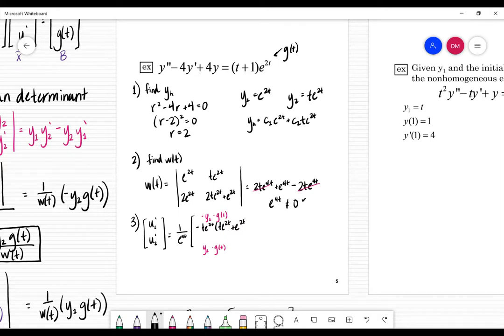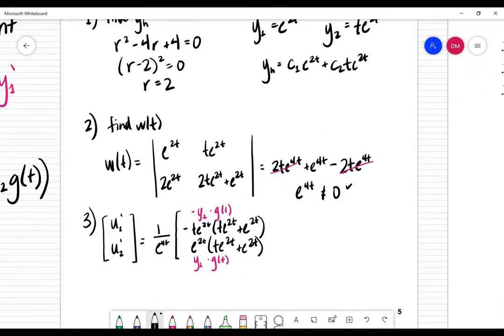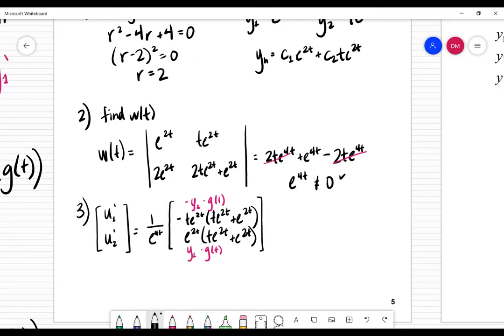I don't want a product inside of a product here. All right, so then I'll do the same thing here, multiplying by y sub 1. So that whole thing right there.